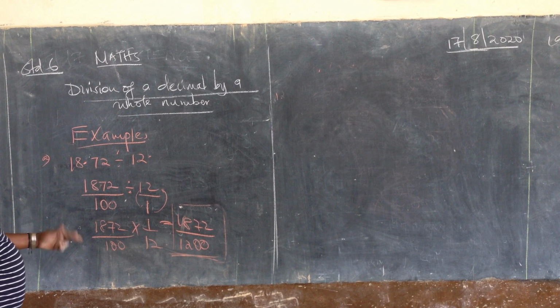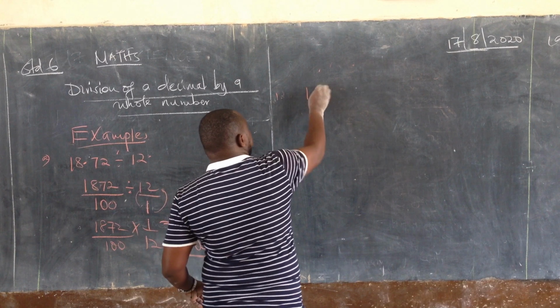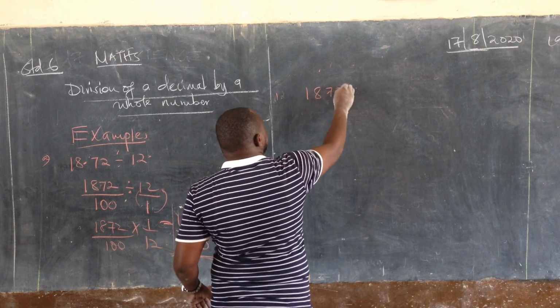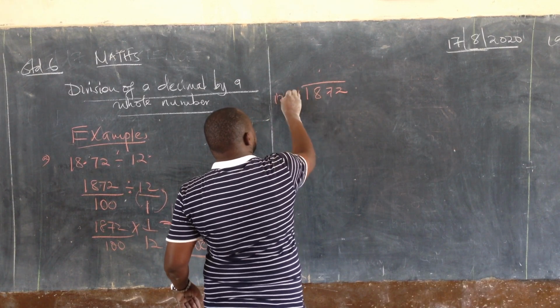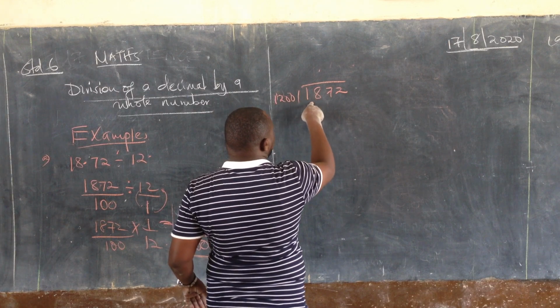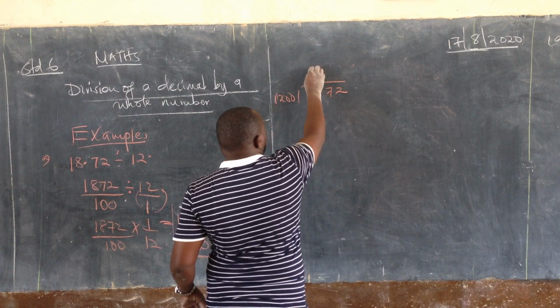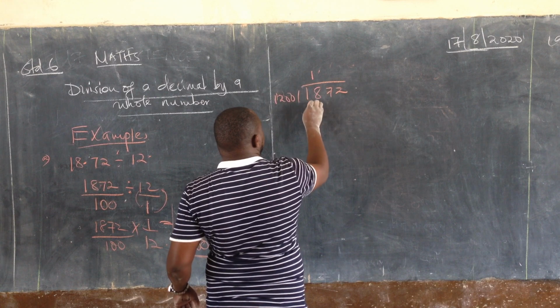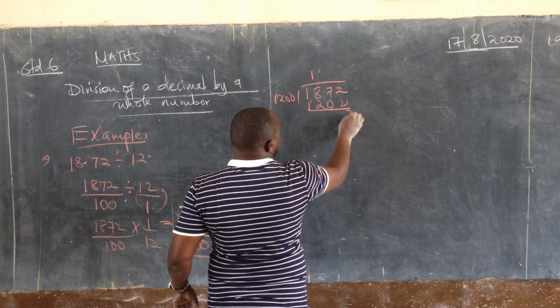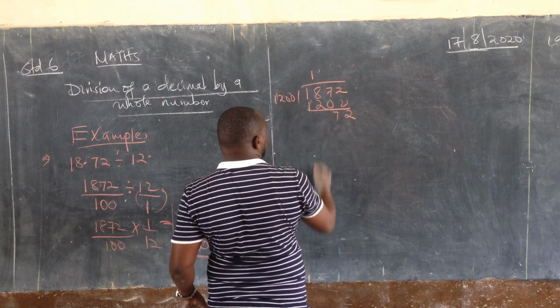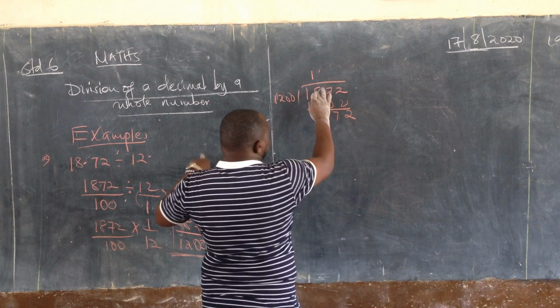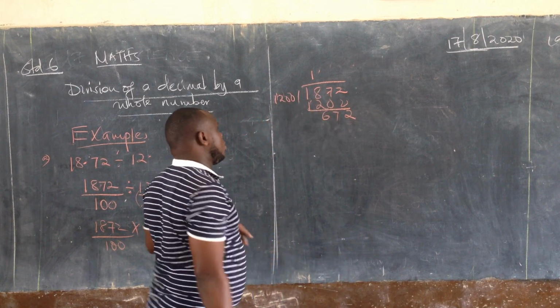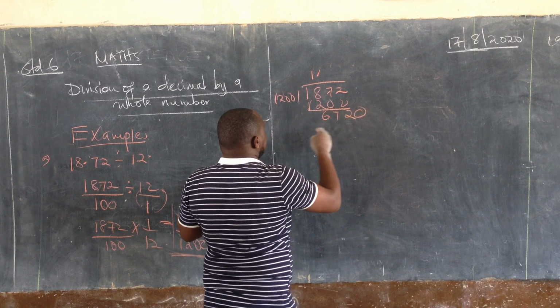Let's try to divide it again and see where we made the mistake. 1,200, this 1,872. So one time you get 1,200. Oh yes, this is where we made a mistake. 8 minus 2 is 6. 672. Put a 0, add a point there. How many times?